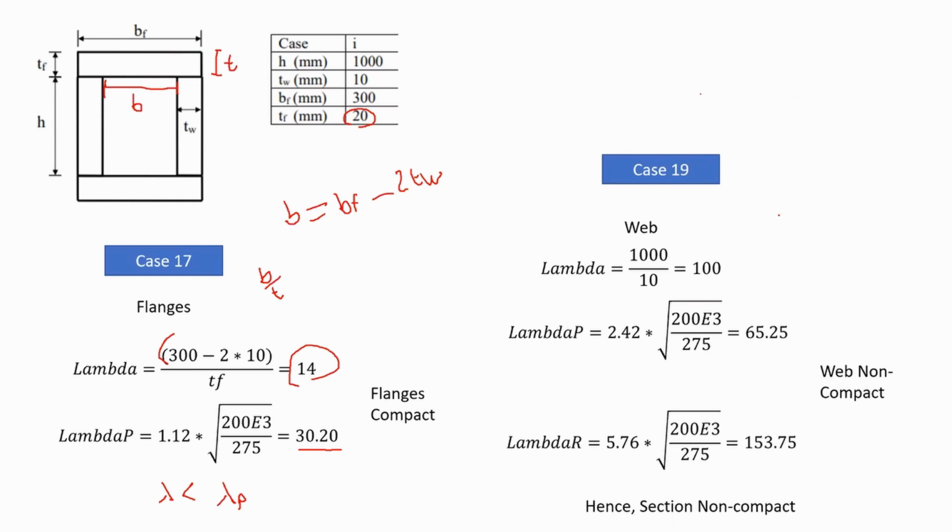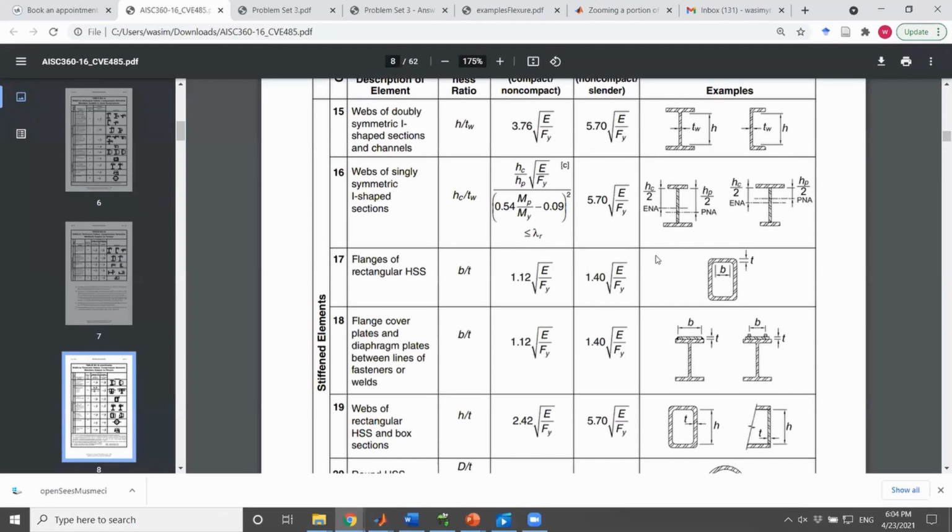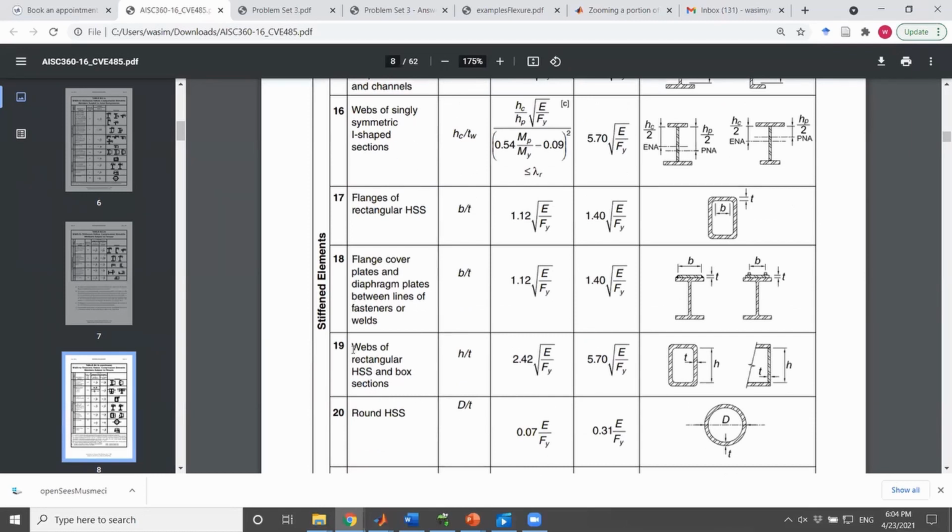Now going to the second part of this problem, checking the web of the section, we have to go back again to the table that we have in the AISC. And if we look at the cases that we have, the one that would suit us is case number 19. And if you take a look, it says webs of rectangular HSS and box sections.